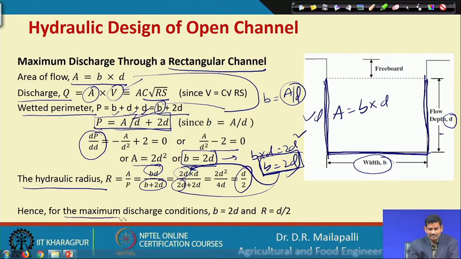So the maximum discharge conditions are b is equal to 2d and r is equal to d by 2. These are the two conditions you need to consider while constructing or designing a rectangular channel for getting the maximum discharge through the rectangular channel.